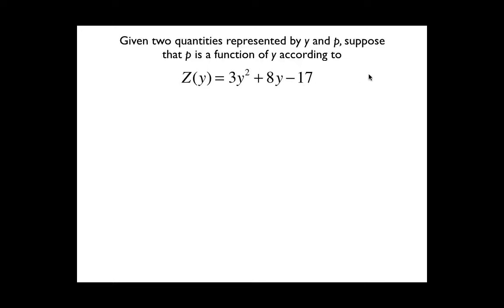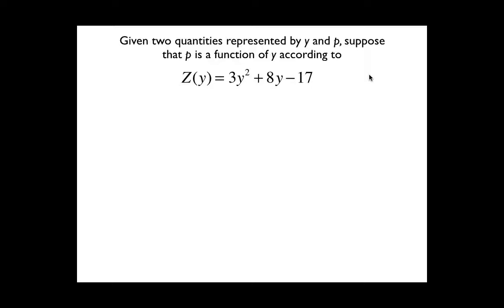Function terminology-wise, if I have two quantities represented by y and p, notice there's not a p here, suppose that p is a function of y according to this rule. So notice there's not a p listed here, and this y would be the independent variable or the input to this function.